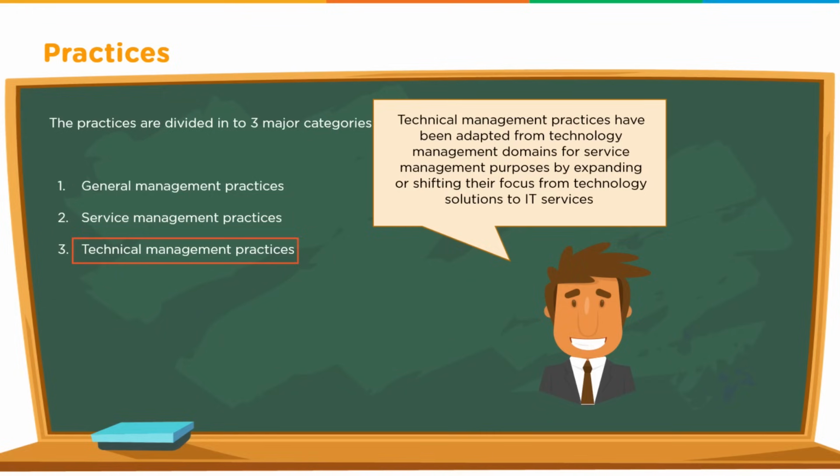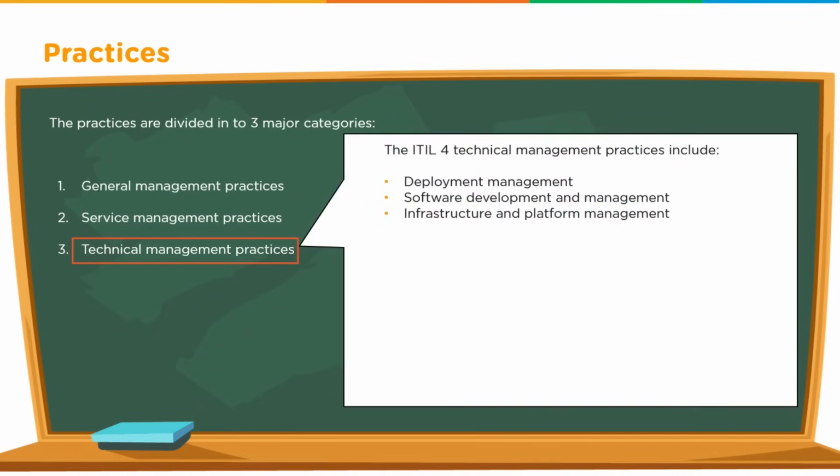However, my focus on that individual IT component is also essential. I cannot ignore that part. The technical management practices are of 3 types, which include deployment management, software development and management, and infrastructure and platform management. So overall, general management practices 14, service management practices 17, and technical management practices 3. Totally 34 management practices are defined in ITIL 4.